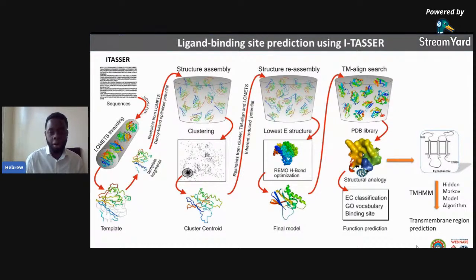We generally preferred a fold threading algorithm to a homology-based modeling because I think a fold threading algorithm interrogates both the sequence and the structure of the protein for prediction reasons, and homology modeling only interrogates the sequence. So we thought that a fold threading algorithm would be more accurate to use in this case.